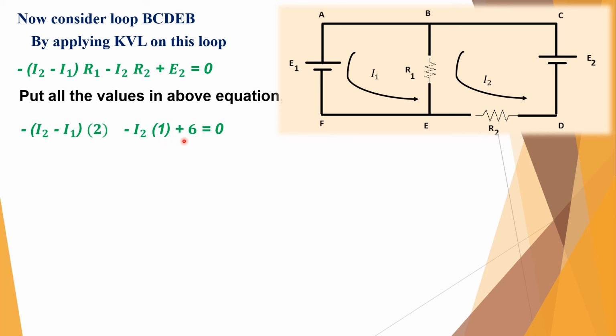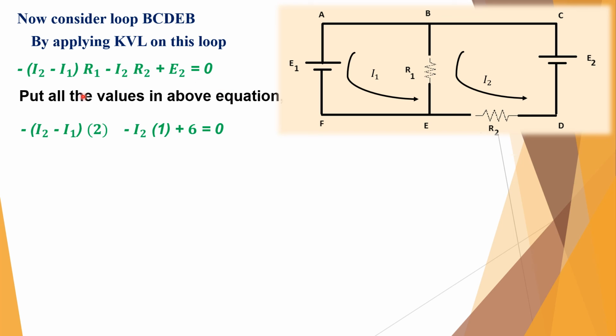Across EMF E2, from negative to positive side, there is a rise in potential, and rise in potential is written with positive E2. Because we have applied Kirchhoff's voltage law, we added all the voltage drops across resistors R1 and R2 and EMF E2, and that becomes equal to 0.